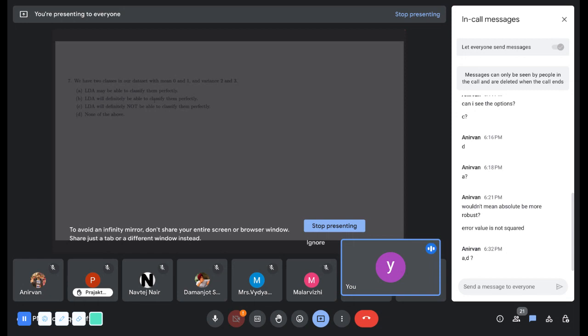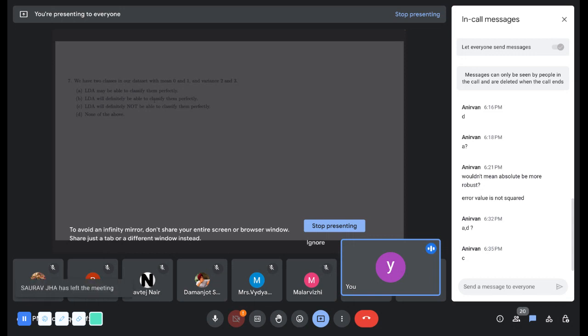Now this is a simple thing. A two-class data set is given, with means 0 and 1. The variance for class 0 is 2, and the variance for class 1 is 3. Will LDA be able to classify them perfectly?